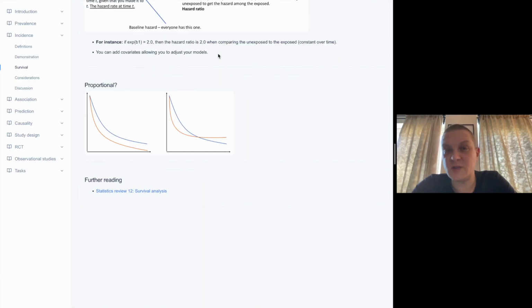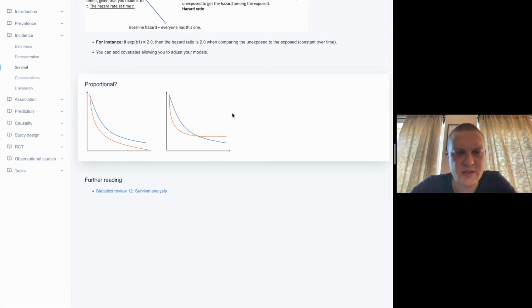The Cox proportional hazard has this word proportional in it, with an assumption that the hazard ratio is more or less constant over time, or independent of time really. You could illustrate it like this. If the hazard ratio is proportional, you'd expect to see two cohorts that are proportional to each other when it comes to survival.